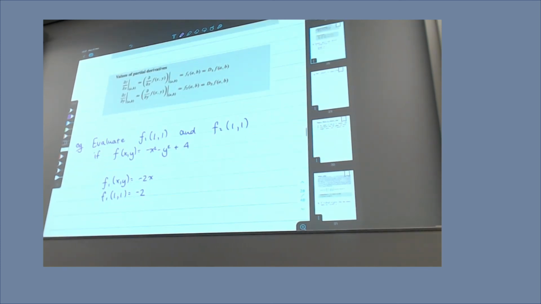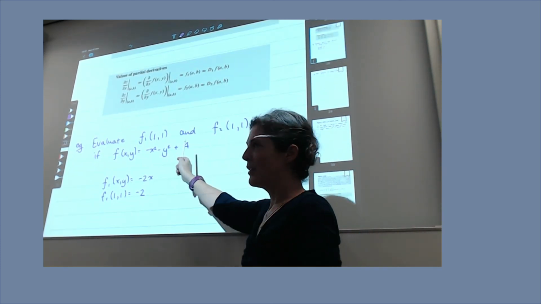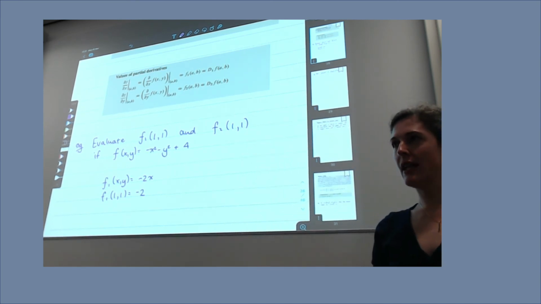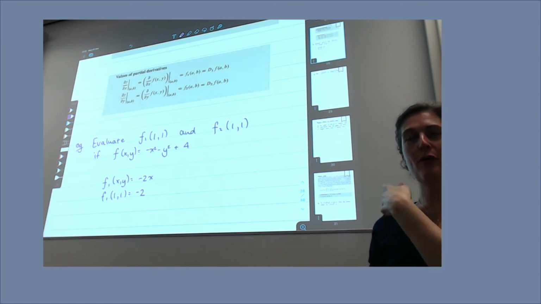Okay, if you take a derivative here and you plug in 1, 1, you'll get -2 again. So we are still finding, just like when you evaluated slopes in one dimension, the slope of a tangent line. You are finding the slopes of tangent lines here.